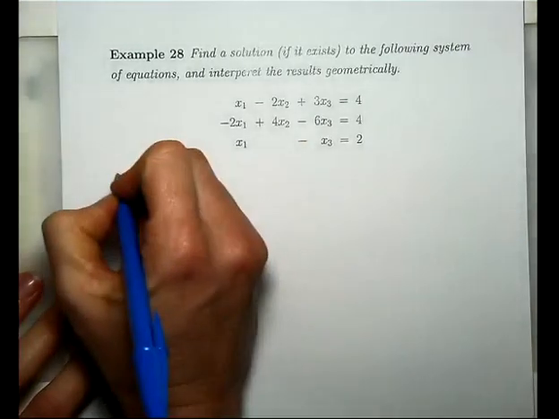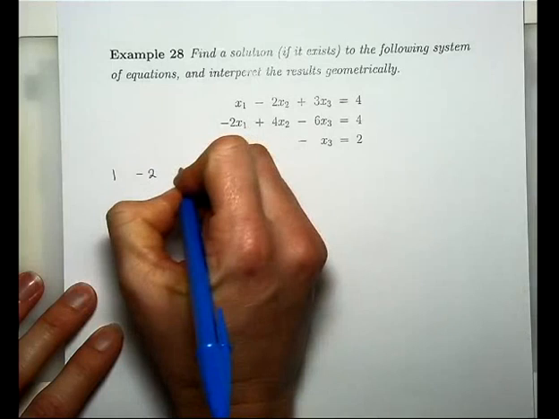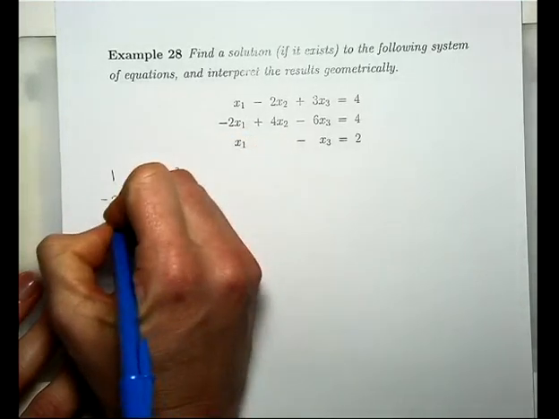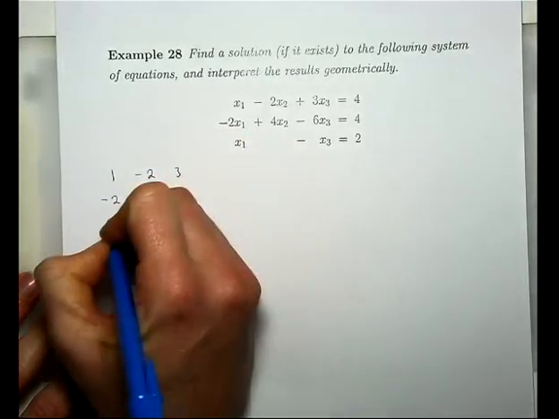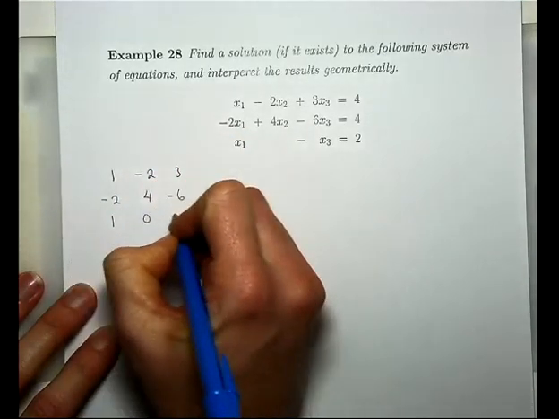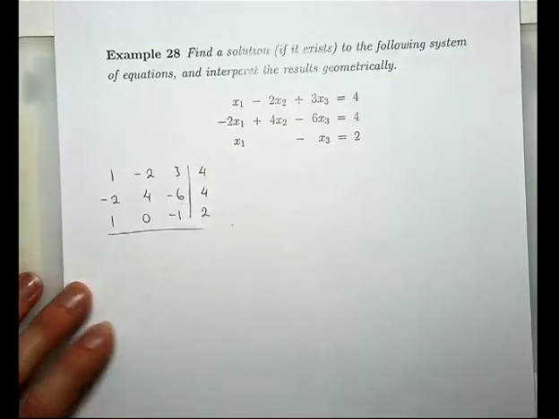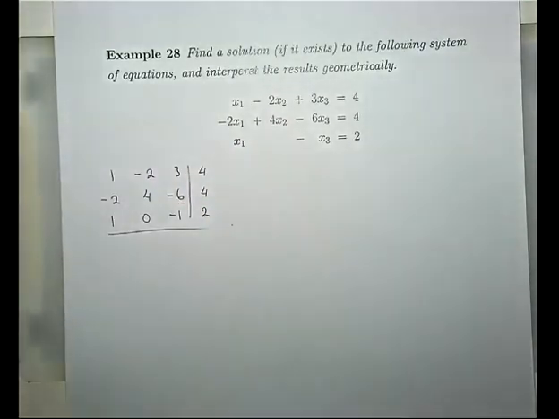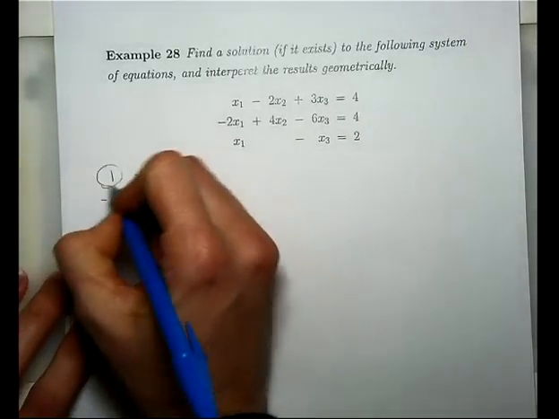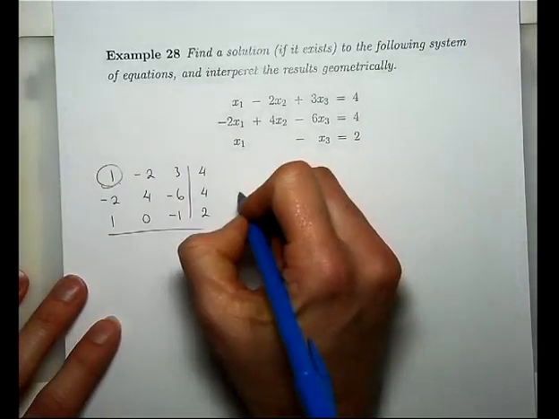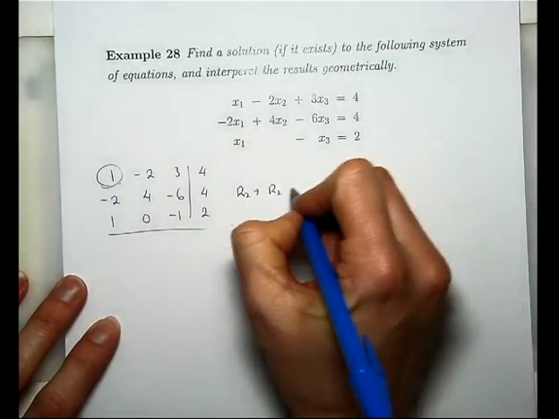Okay. So let's write it as augmented form. One, 0, minus 1. Make sure you get the 0 in the right place. I'm very kind and I've put a 1 here so we can pivot on this one.